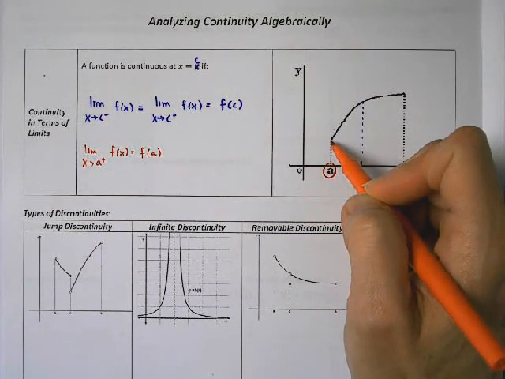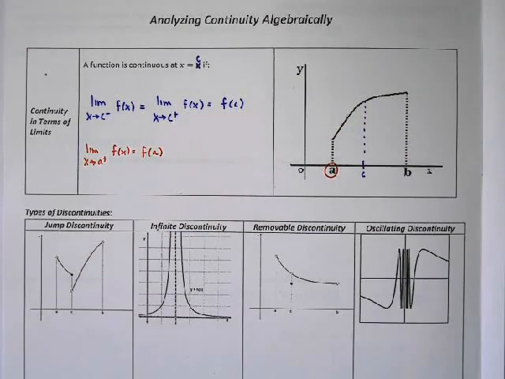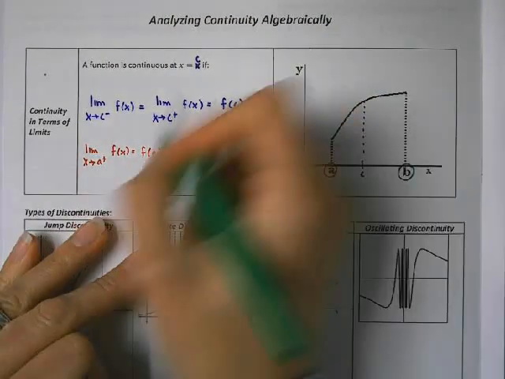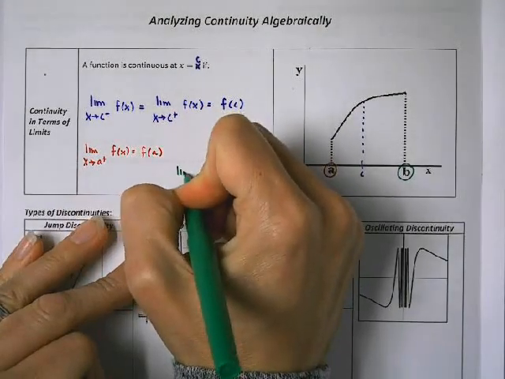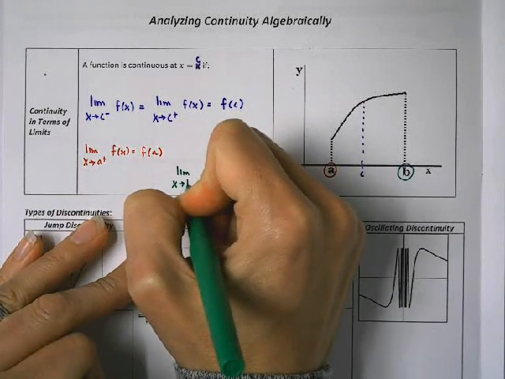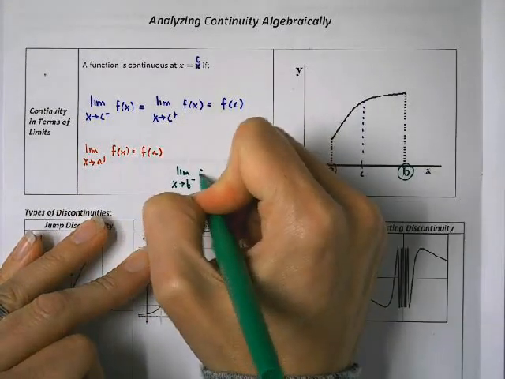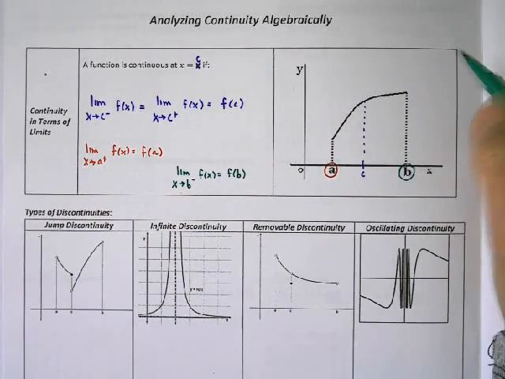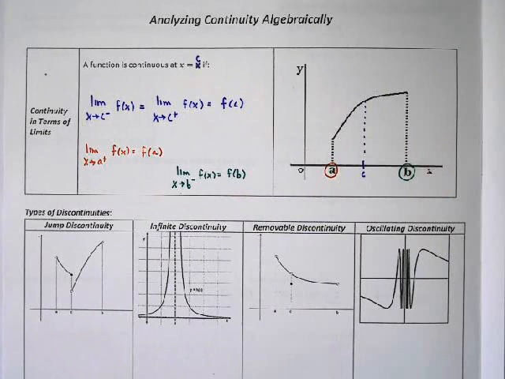We only consider from the right, and that would be sufficient to show that I'm continuous at that endpoint. Likewise, if I wanted to talk about b, I would just have to show that the limit as x approaches b from the left of f of x is equal to f of b. And as long as those two conditions held, I would know that I'm continuous at b.